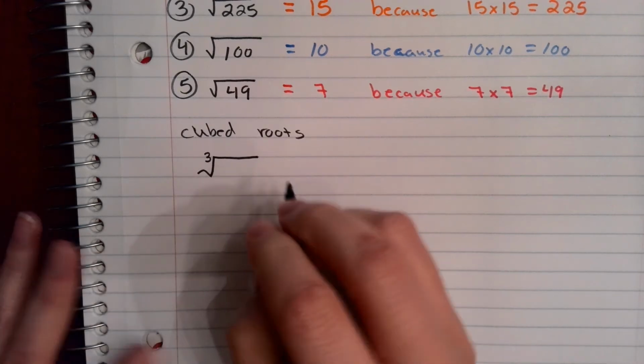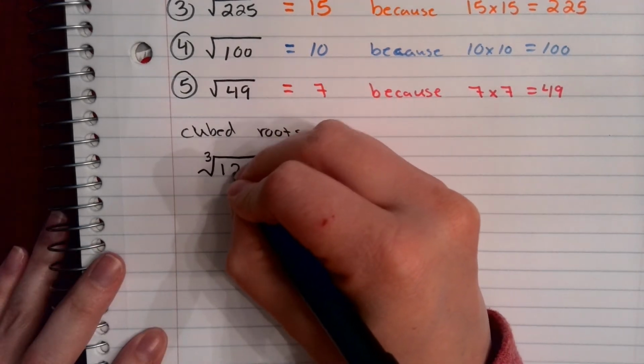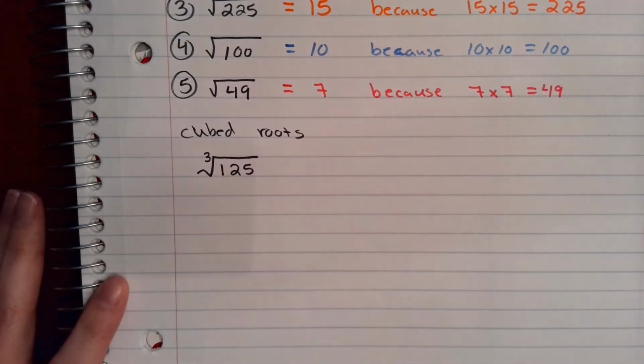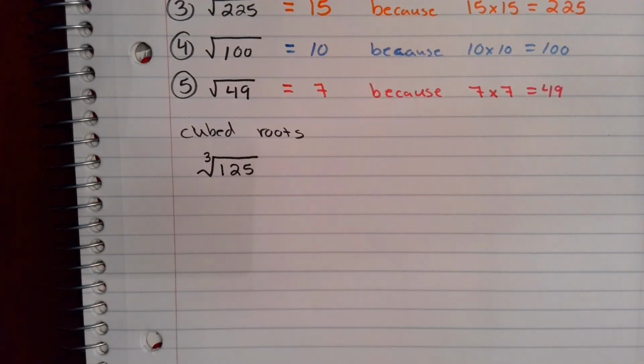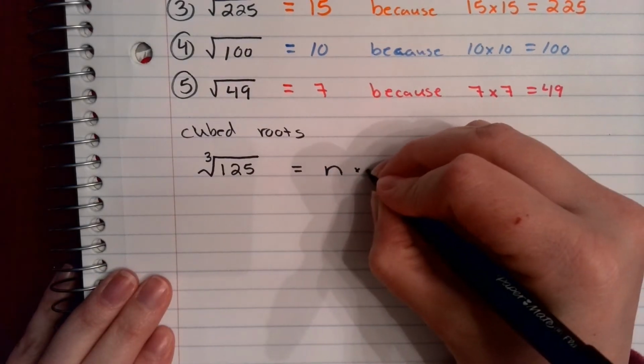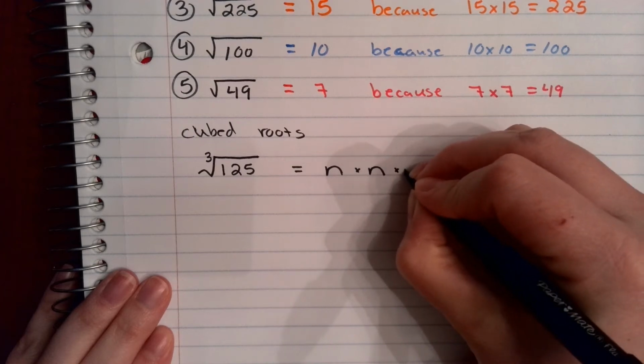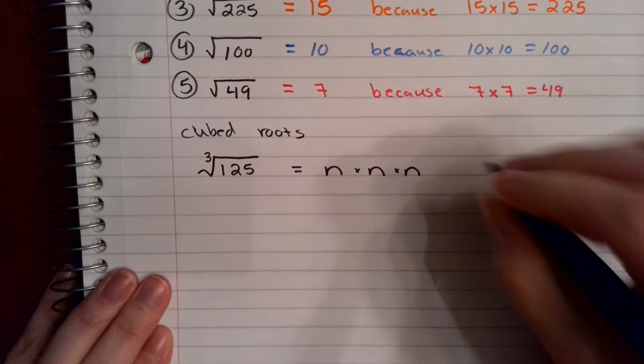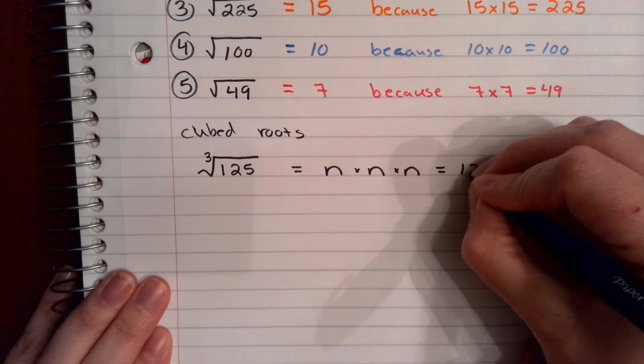So if I were to say the cubed root of 125, this means what times itself again is going to equal 125.